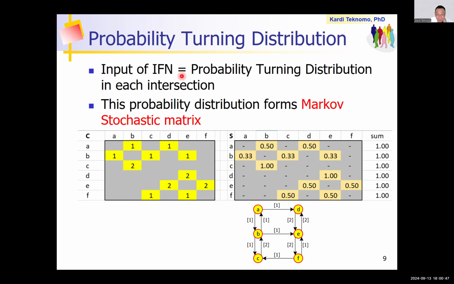Now, in this case, I have A to B is 1, A to D is 1, so I can compute easily. How? We just divide, so that the sum on the right-hand side is 1.